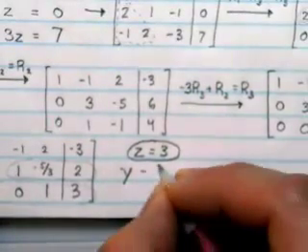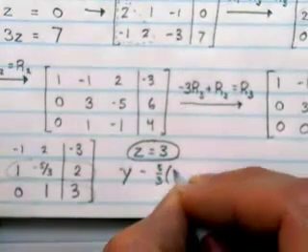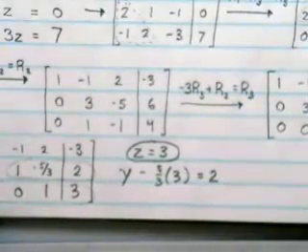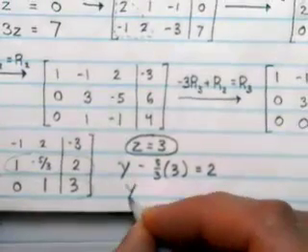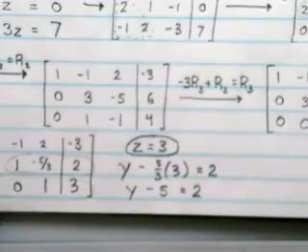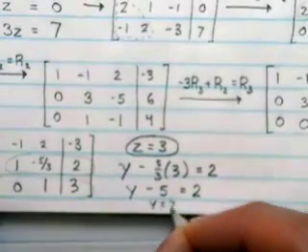So y minus 5, but I already know z is 3, equals 2. Add 5. All right, so yeah, y is 7 then.